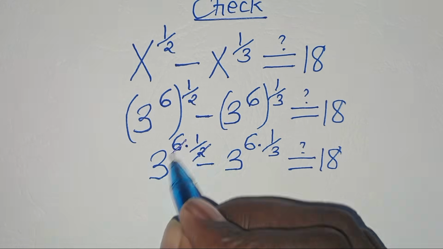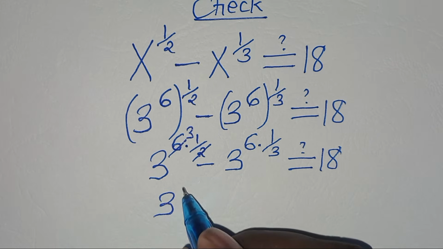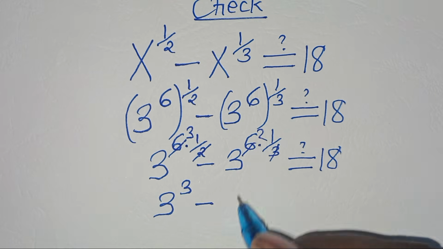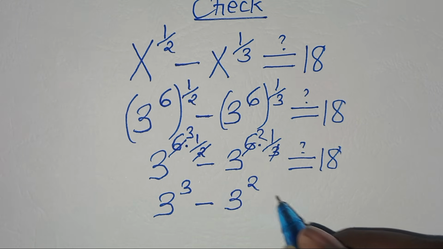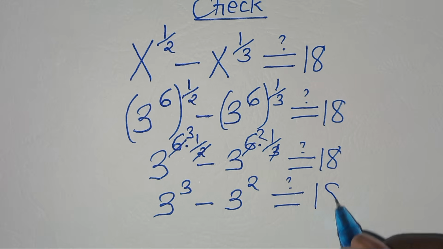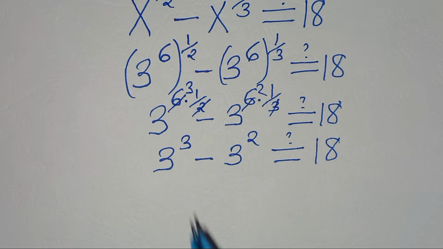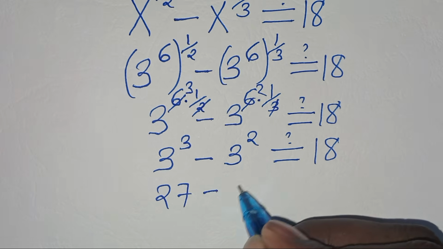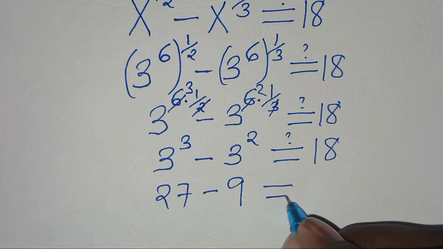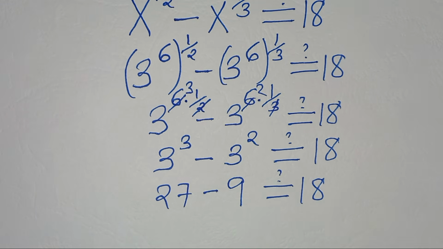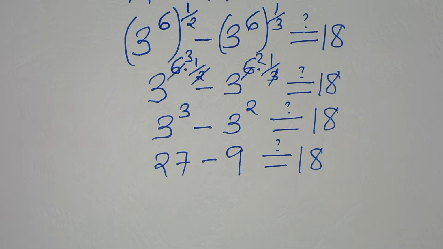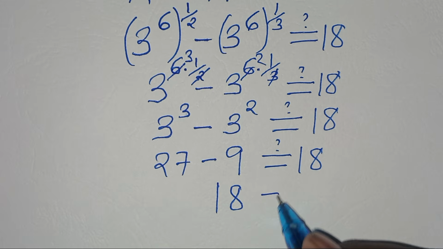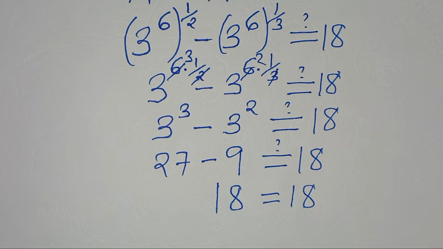6 divided by 2, this is 3. So we have 3 raised to the power of 3 minus 3 raised to the power of 6 divided by 3, this is 2. So this is 3 to the power of 2. This should give us a value of 18. 3 to the power of 3, this is 27, minus 3 to the power of 2, this is 9. 27 minus 9 is equal to 18, which is equal to 18.